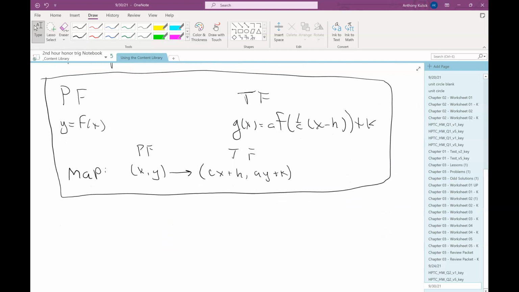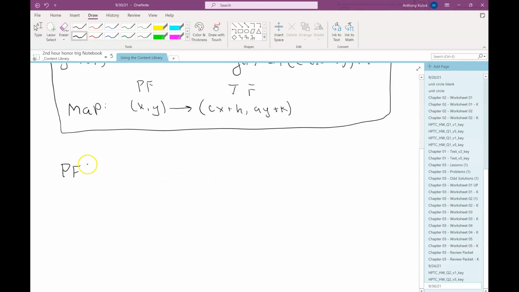Okay. So let's look at now just kind of a big info dump here. So I'm going to make a little grid for this.